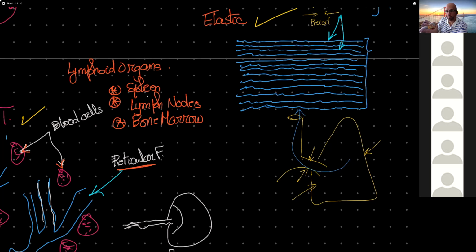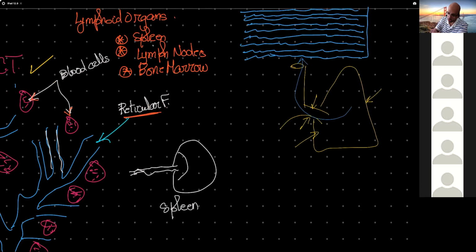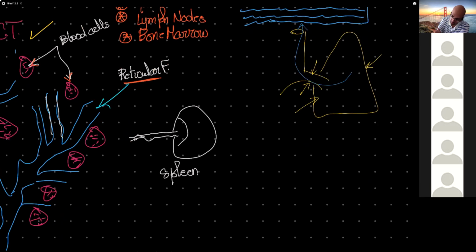And the vagina has some elastic tissue, but it's not a commonplace. No, it has very minimal elastic tissue. As you mentioned, the most common location where I have a lot of elastic connective tissue is going to be the wall of the major arteries.